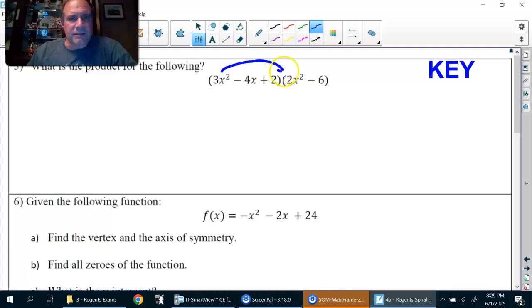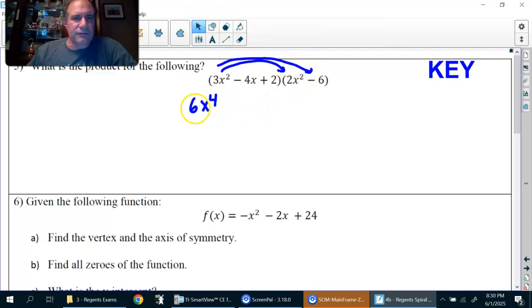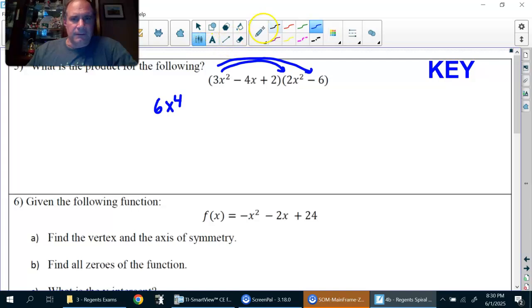So remember, with that distributive property, you have 3x squared times 2x squared. That's 6x to the 4th. 3x squared times negative 6 is 6, 12, 18, negative 18x squared.